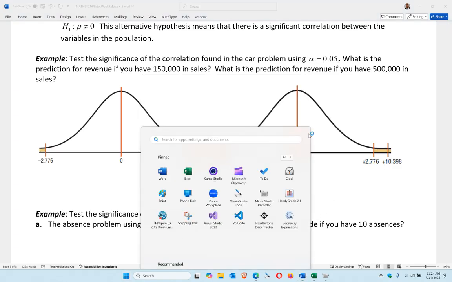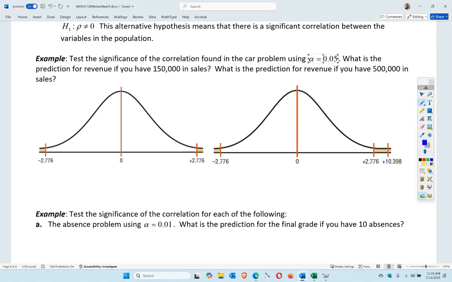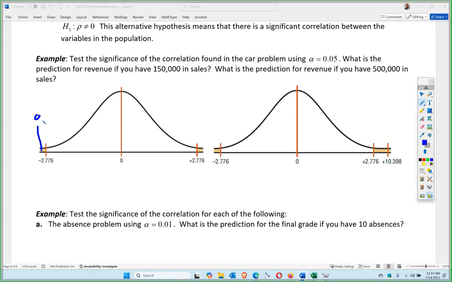If you look back at my notes, I already have it out. This area here is 0.025, and this area here is 0.025, so it took care of that basically.